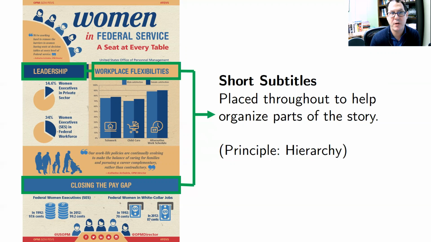You'd probably start at the top, and then you'd probably zip over to the leadership block, and then you'd probably go to the workplace flexibilities block, and then you jump down to the closing the pay gap block. And I think that more or less tracks with how people would read and process that information. And we can control that because of how we've set up the format and cued people with the information.